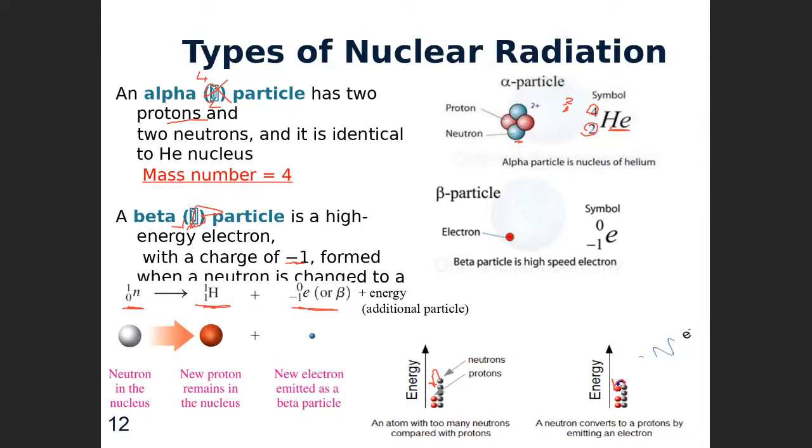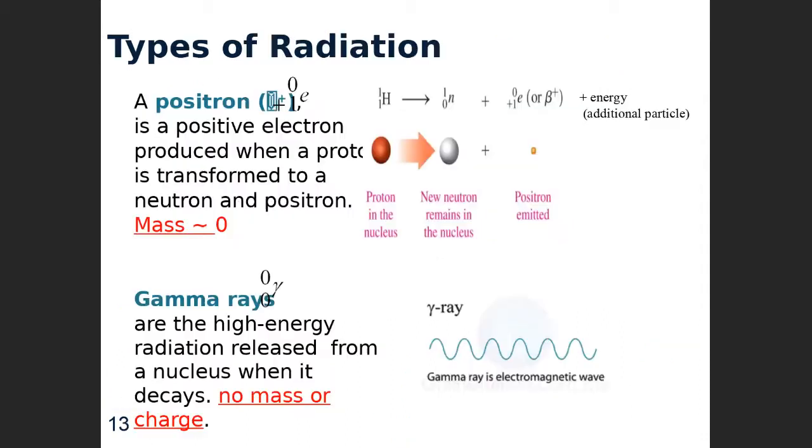And the beta electron is an electron with negative charge, and it is a high speed electron. While the positron, which we are going to represent by B plus 1, is a positive electron.